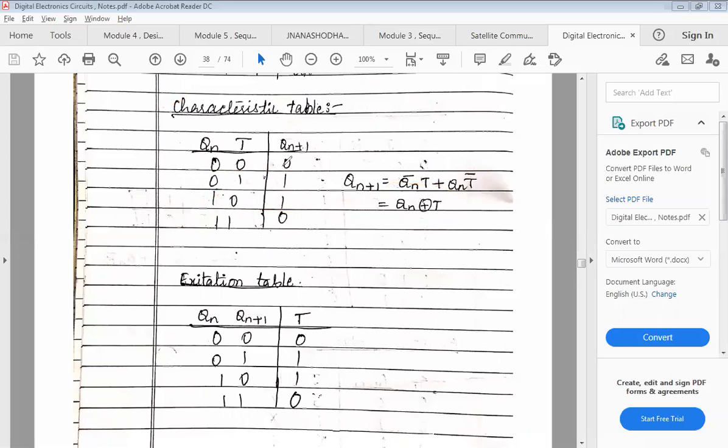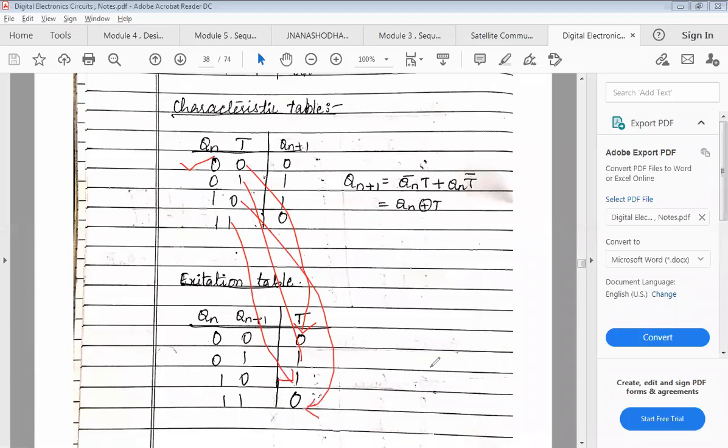When it is 0 0, my T is 0. So this 0 will come here. Next case, 0 1, T is 1. Next 1 0, T is 1. 1 1, T is 0.